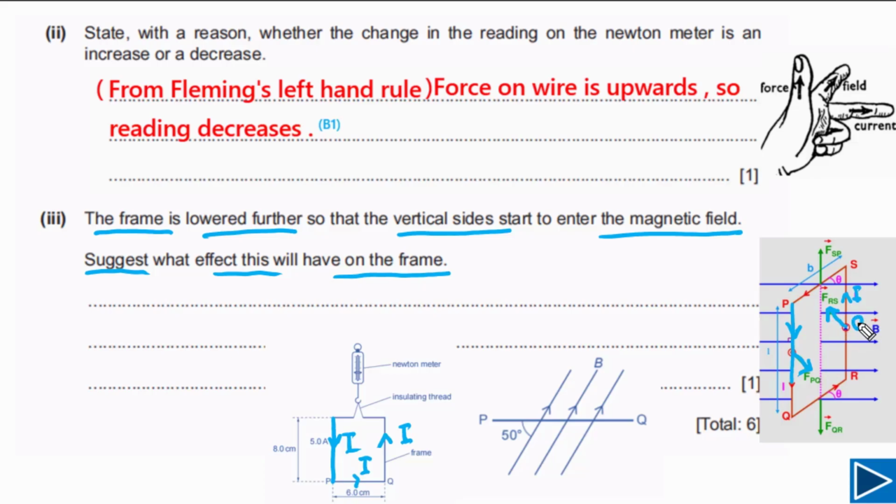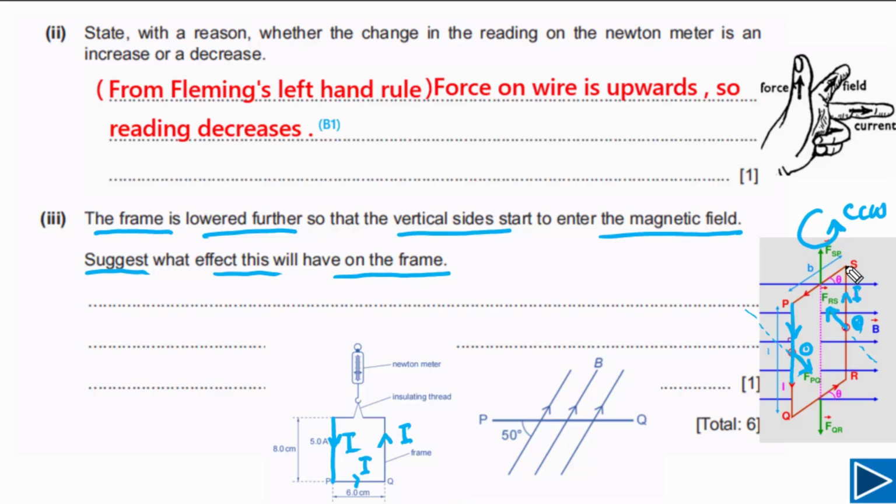We can also use symbols here: this means into the page, and this means out of the page. But the lines of action of these two forces are not along the same line. So it simply means that it will cause a rotational effect. In this case, the loop will rotate counterclockwise, CCW.